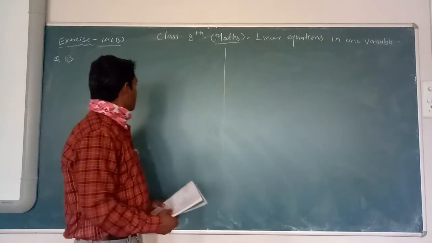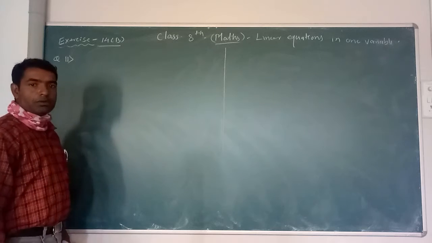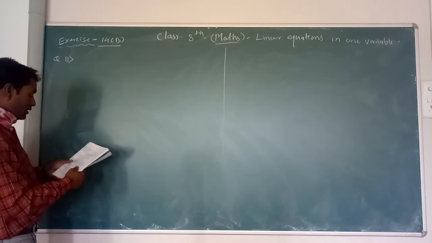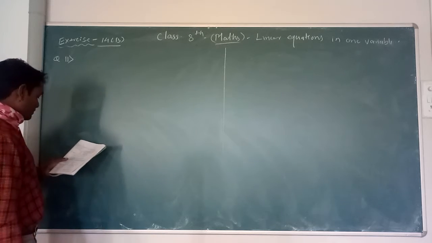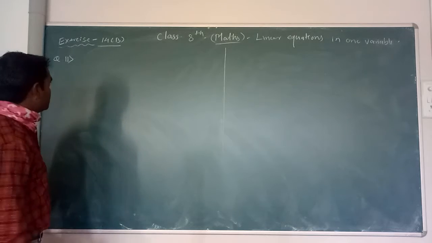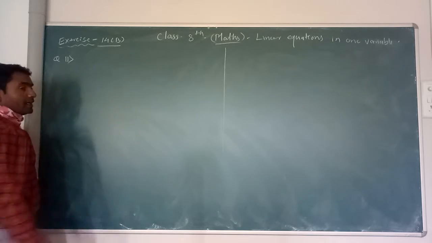Now see, the first problem we are taking is question number 11. In question number 11 it is given that a rectangle's length is 5 cm less than twice its width. That means the length is not given, the width is not given, but the length is related to the width.